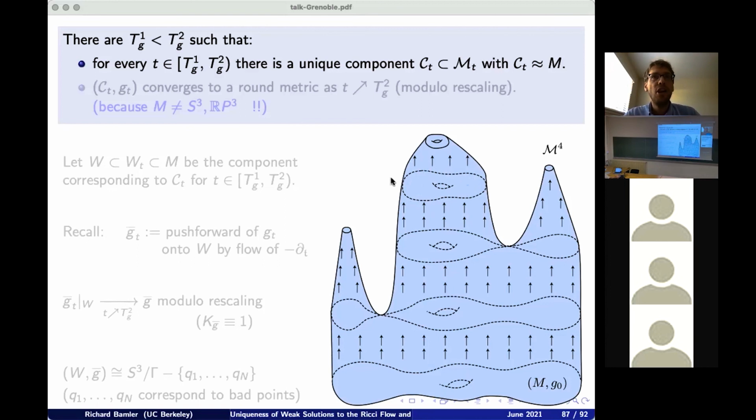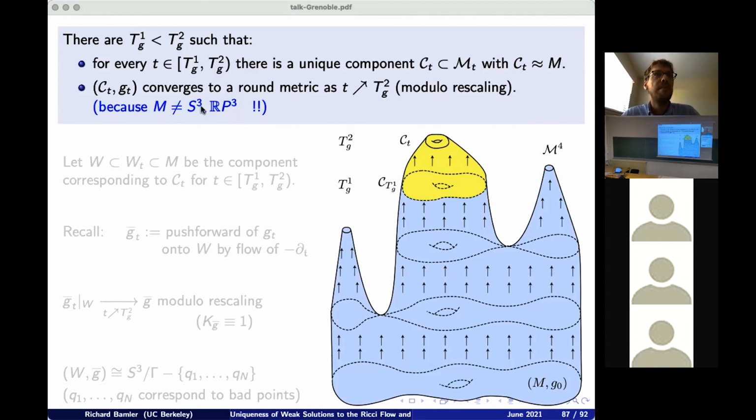And so now, given the topology of this manifold, the only way that we can be locally covered by kappa solutions is if the entire manifold is diffeomorphic to a kappa solution. But now every compact kappa solution that's not S3 or RP3 has to be isometric to the round sphere.